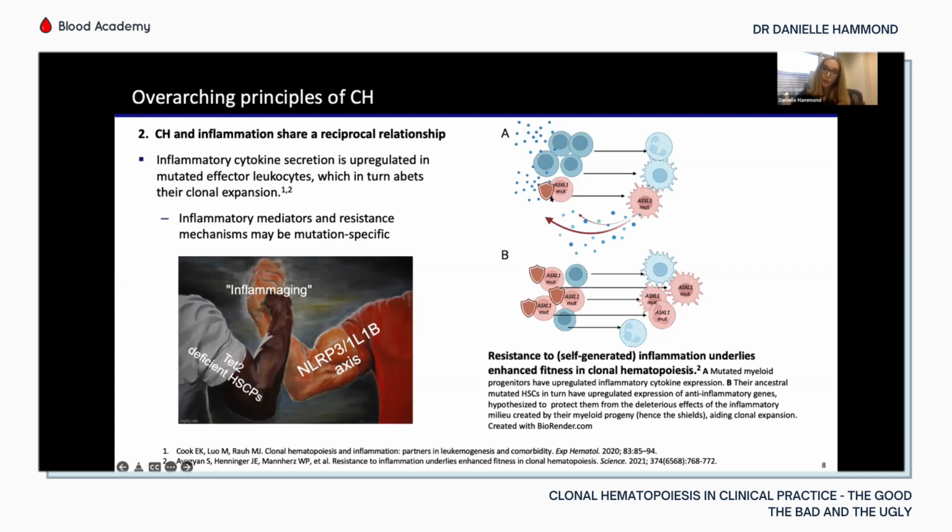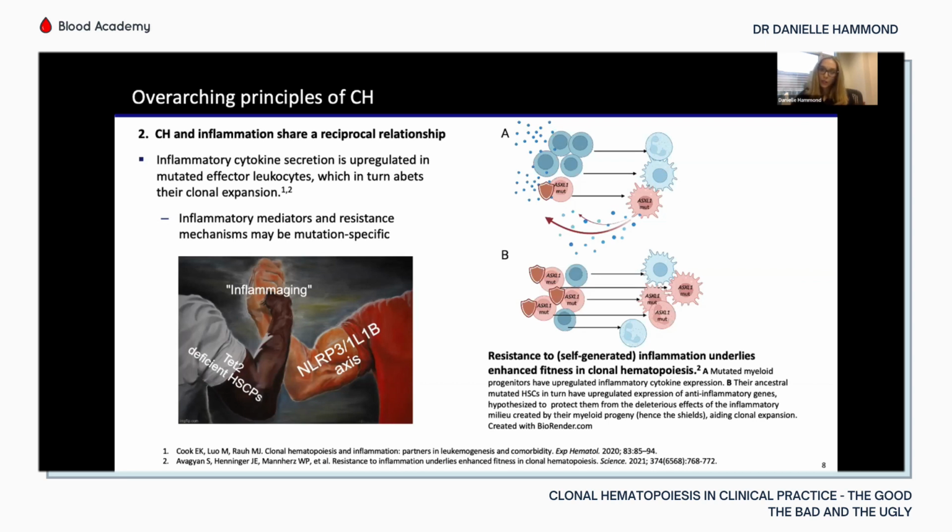But the ASXL1 mutated hematopoietic stem cells concurrently had upregulation of defenses that allowed them to resist the normally deleterious effects of this pro-inflammatory milieu, which in turn favors the clonal expansion of these stem cells, and then in turn expanding the hematopoietic stem cell progeny.